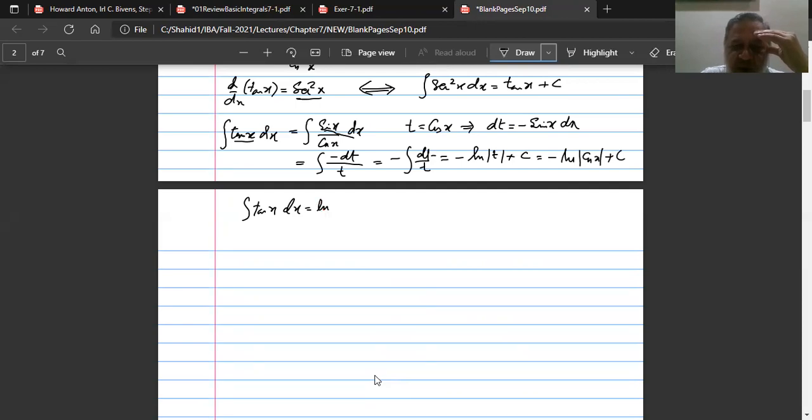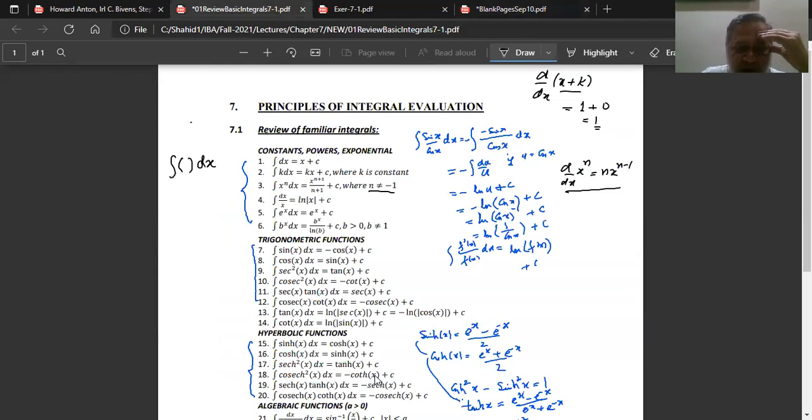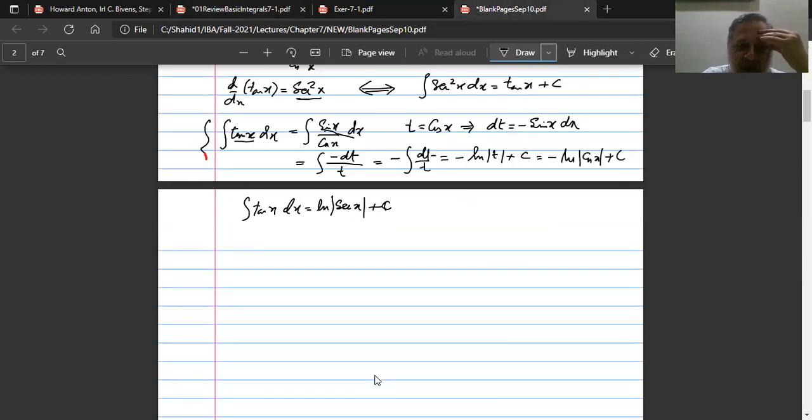So we more popularly write it as log of secant of x, and technically, we should put a mod because secant can attain negative values, plus C. So that is why the integral of tangent is log of secant or minus log of cos x. Similarly, the integral of cot x can be proved to be log of sin x, and using a similar procedure, you can do it yourself.